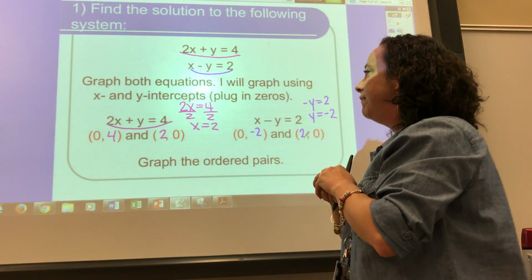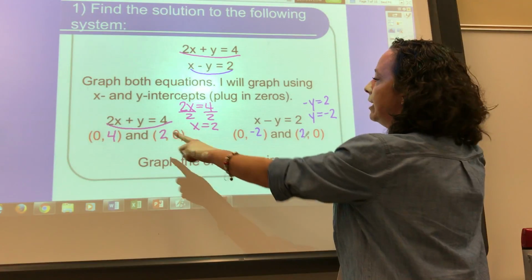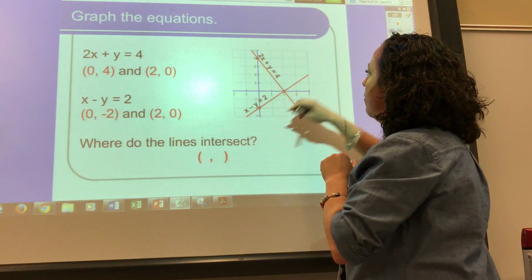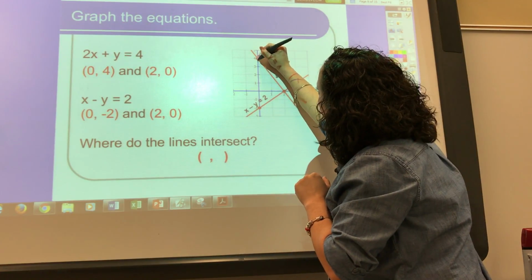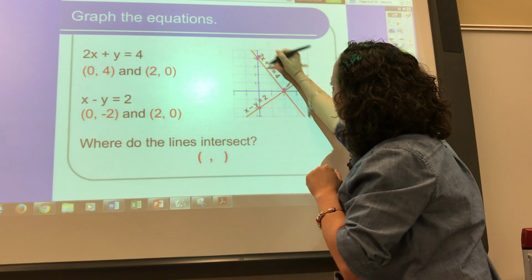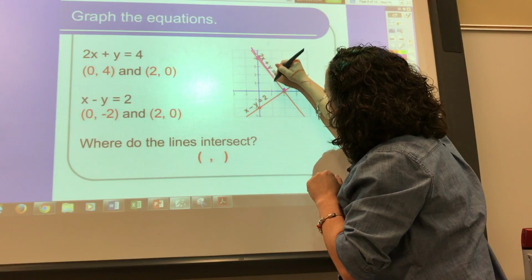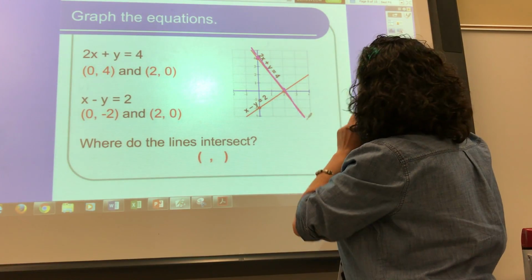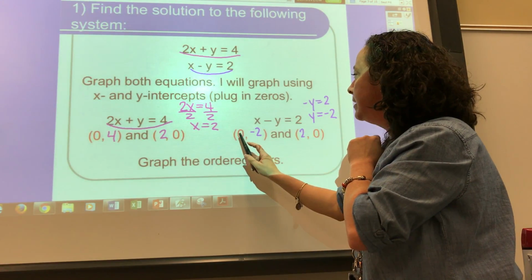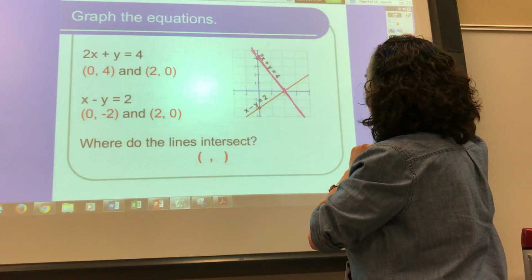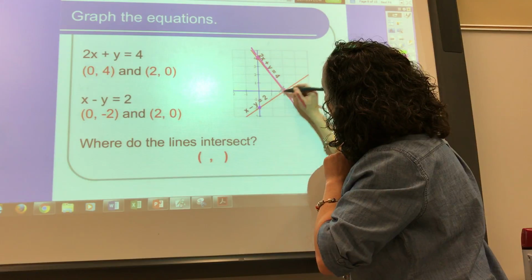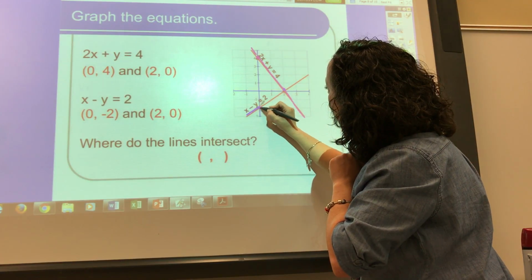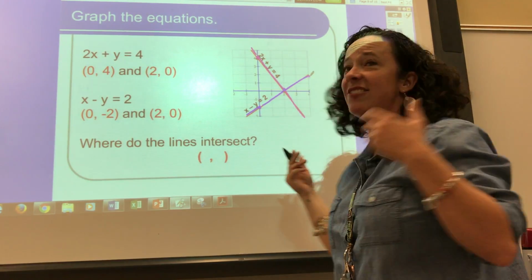So then I would just graph the ordered pairs: (0, 4) and (2, 0), and draw that line, okay? And then the other one was (0, -2) and (2, 0). So (0, -2) right here, and (2, 0), and then draw that line, and they're intersecting.